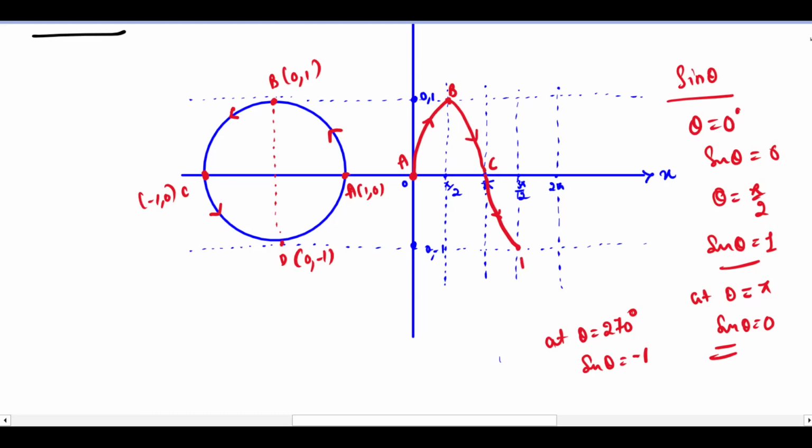So this is point D, and then again at theta equal to 2 pi, sine theta is 0. So again value of sine theta increases from minus 1 to 0. So this is a plot of sine theta.